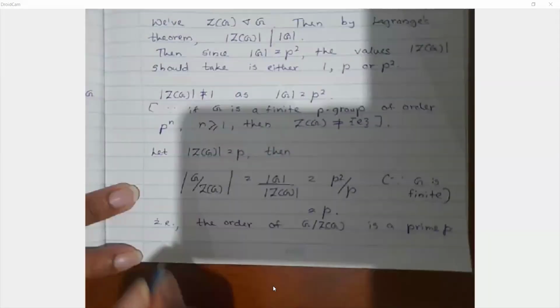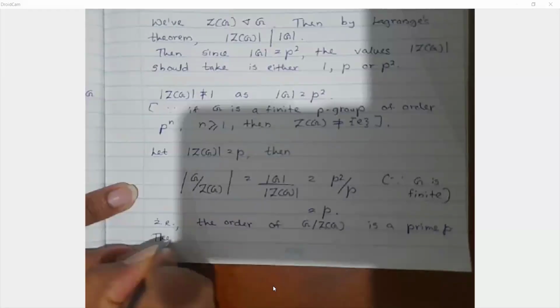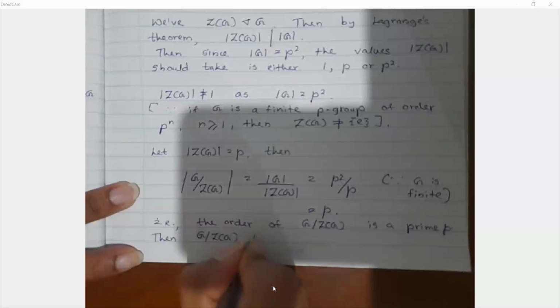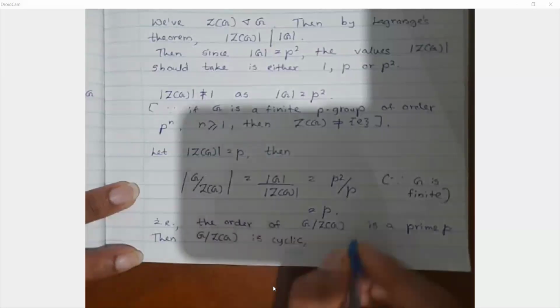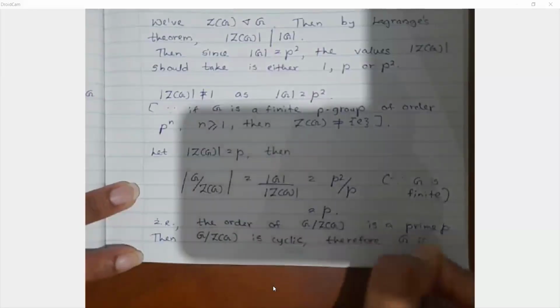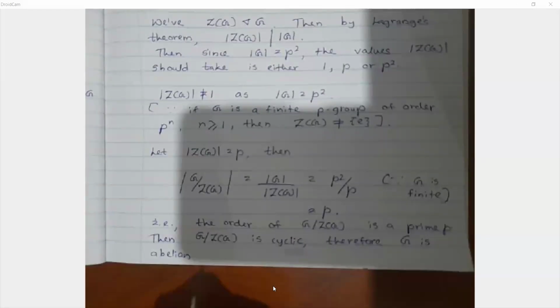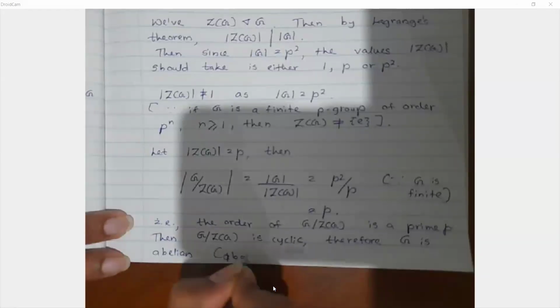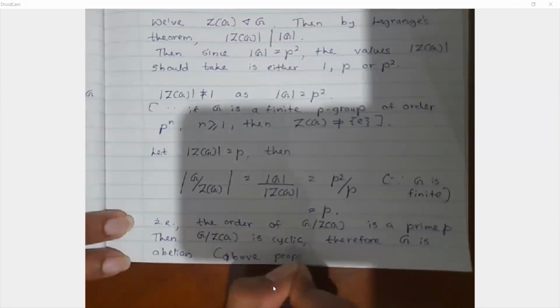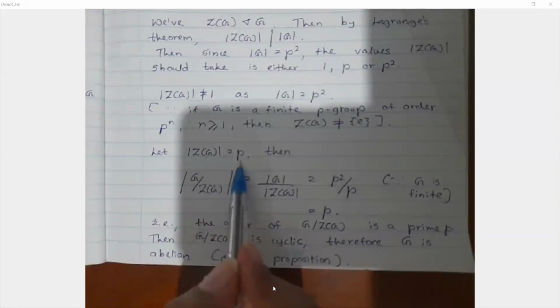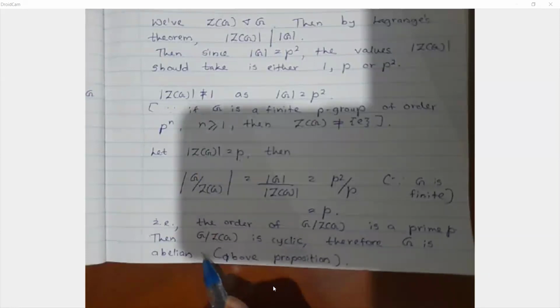So we simply conclude that the quotient G over Z of G is cyclic. Therefore, G is abelian. Let me write: above proposition. Okay, this is when the order of the center is equal to p. We end up getting G to be abelian, exactly what we wanted to prove.